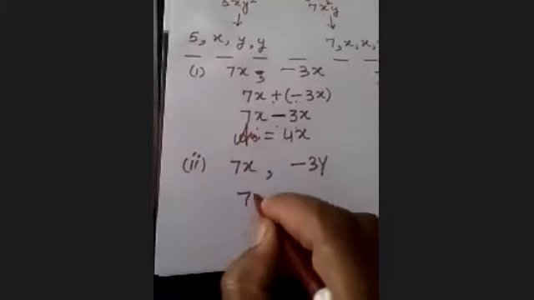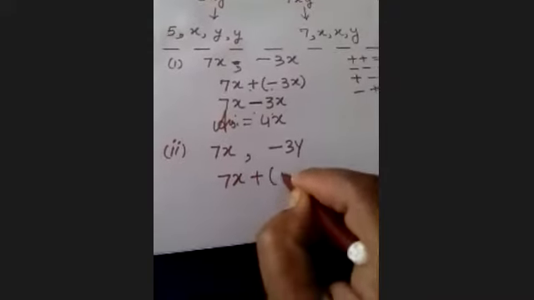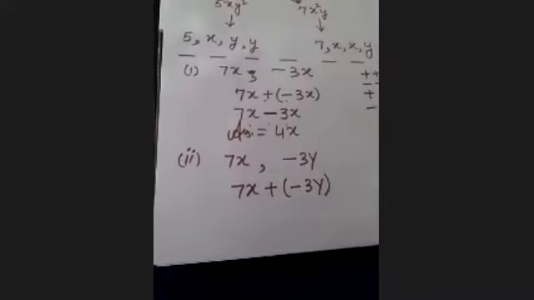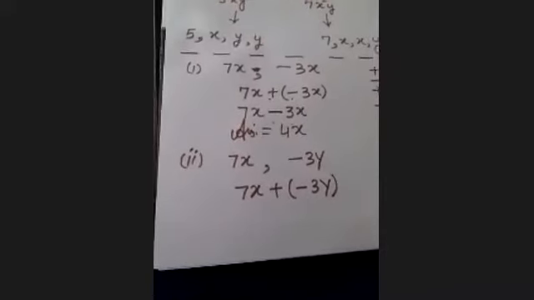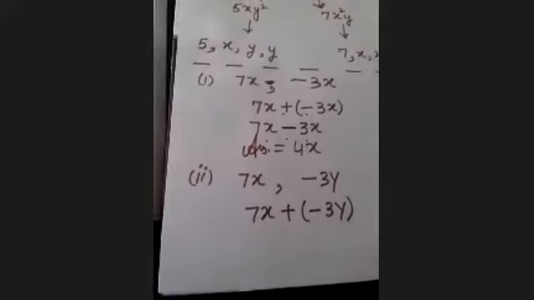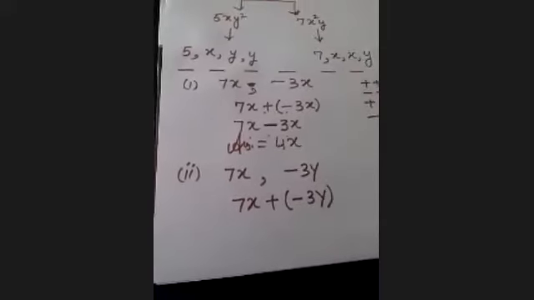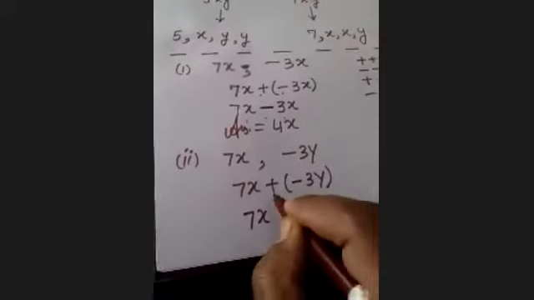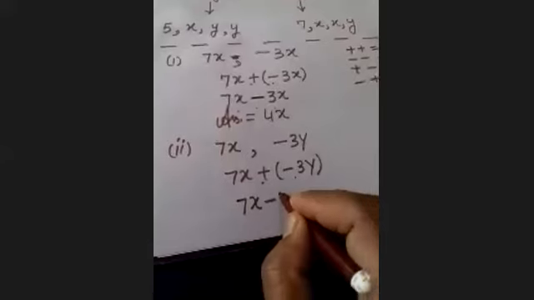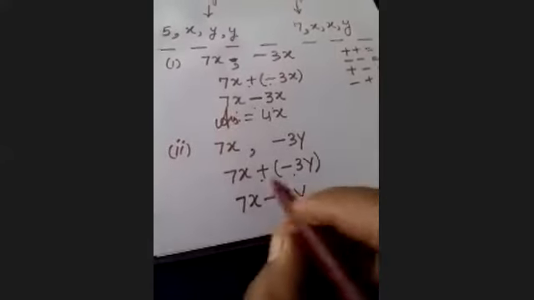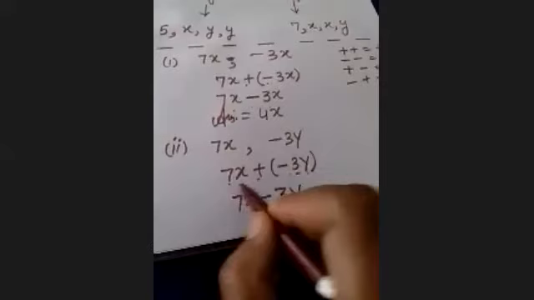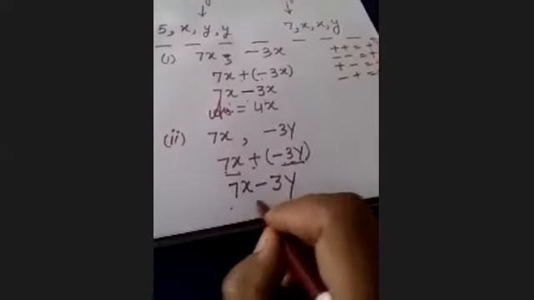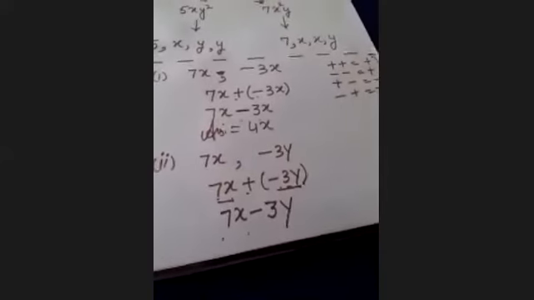We have 7x plus minus 3y, because 7x and 3y are unlike terms. So the answer is 7x minus 3y.